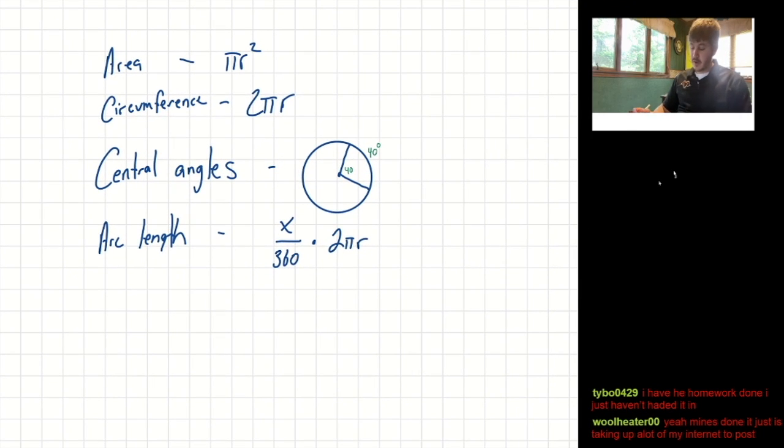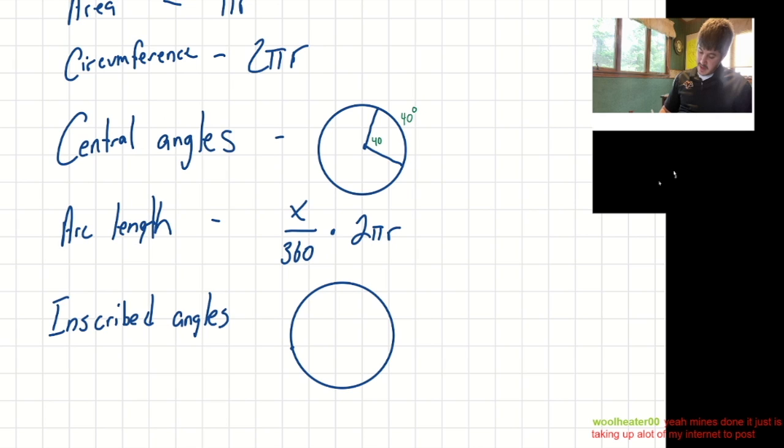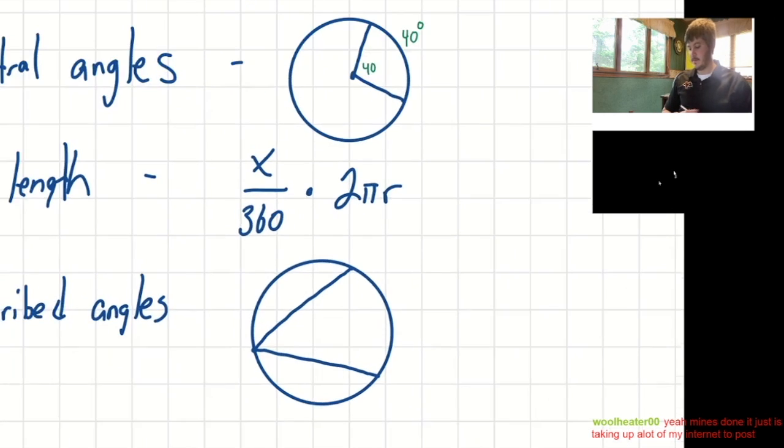Then we did inscribed angles, which came from the edge of the circle. They were half the measure, meaning if this were 80 degrees, this would be 40 degrees.